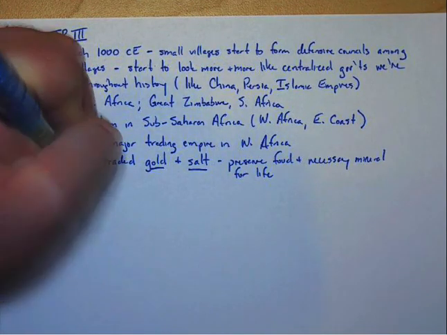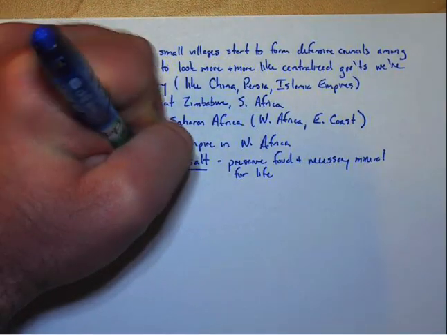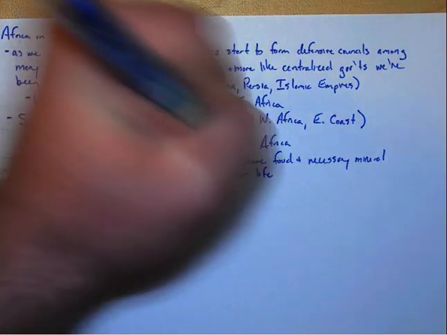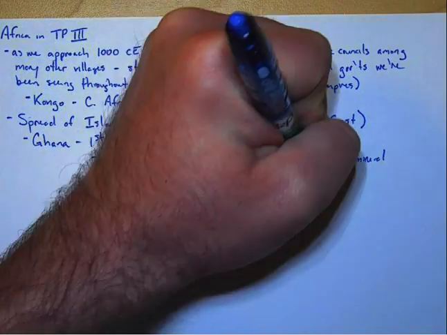The people of Ghana, or we'll say it like this, the government of Ghana adopted Islam in the 800s.